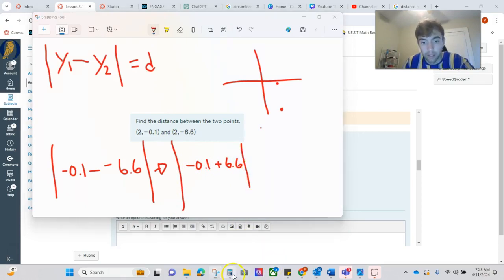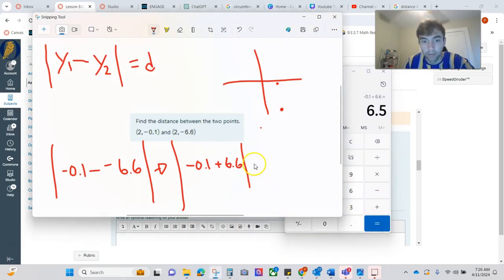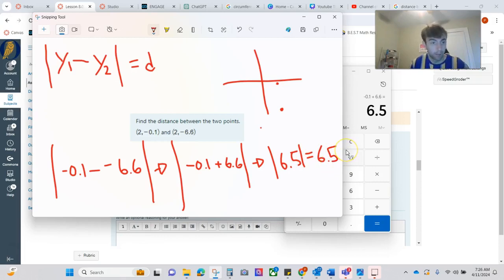Okay, what is negative 0.1 plus 6.6? 6.5. So absolute value of 6.5 is 6.5. I mean, absolute value turns everything into a positive, even if it was already positive.